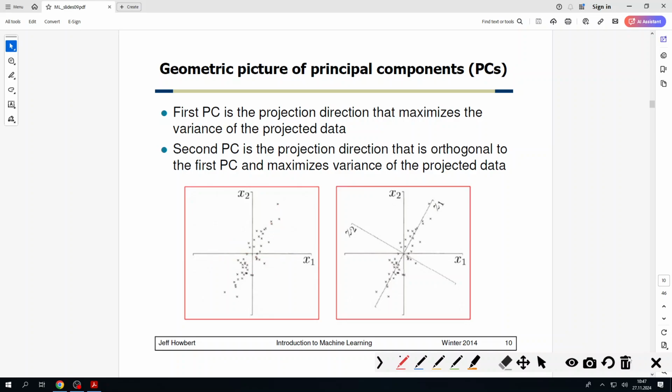So this gives you a certain measurable criterion to understand whether your axis is good or not. Here we can see that the Z1 axis has a variance of the projection from this point all the way up to this point.